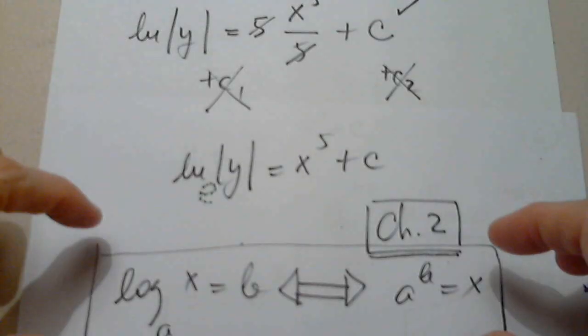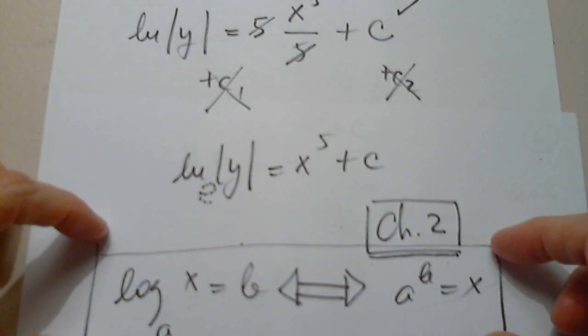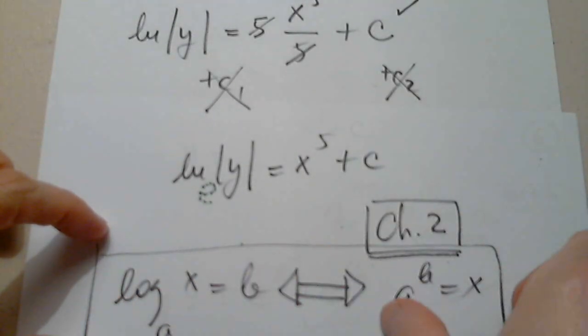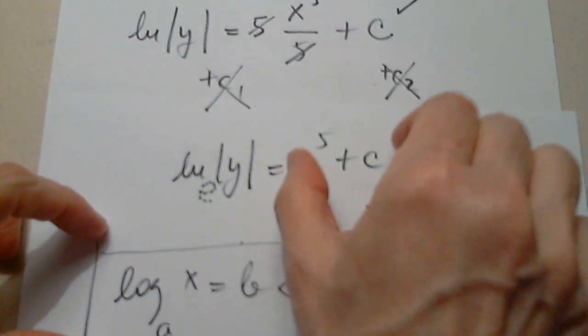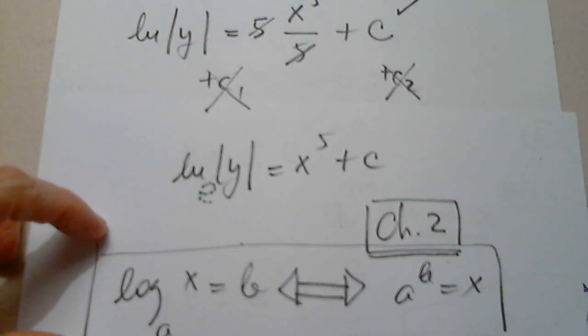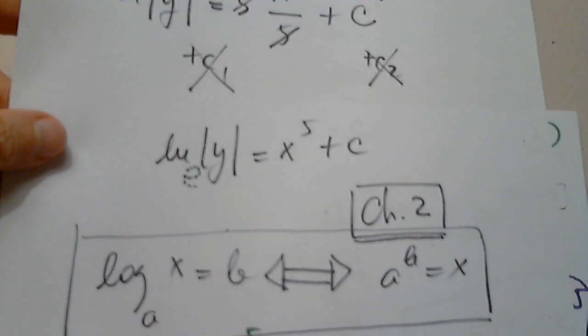I know this very important conversion between a log equation and an exponential and vice versa. This says base raised to this equals this. Base raised to x to the 5th plus c equals the absolute value of y. This is what I'm solving for. Now there is another property.